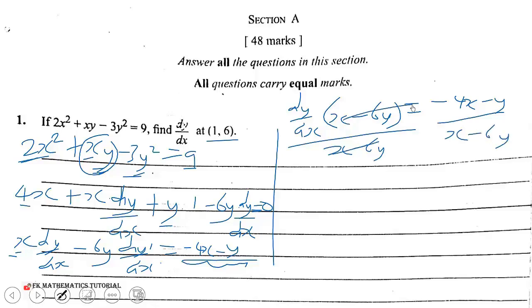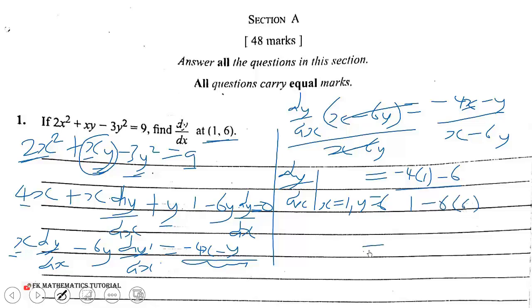So now we are finding the value of dy/dx at this point. So dy/dx at x equal 1 and y equal 6. We just substitute the values there to be equal to negative 4 times 1 minus 6 all over 1 minus 6 times 6.